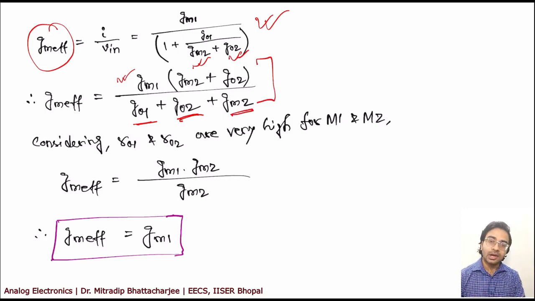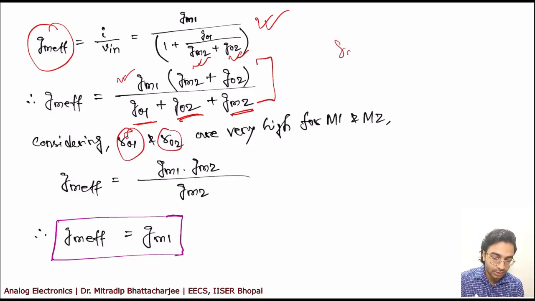Now what is the output resistance of the MOSFET? Usually they are very high, right? So RO1 and RO2, whatever you call it, both are very high because they are output resistances of the MOSFET associated with the cascode circuit. If they are very high, what will be the value of GO1?